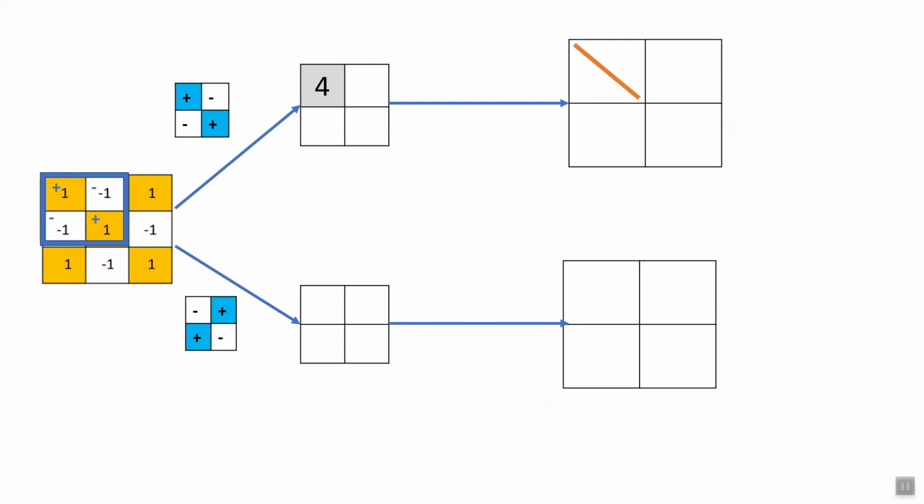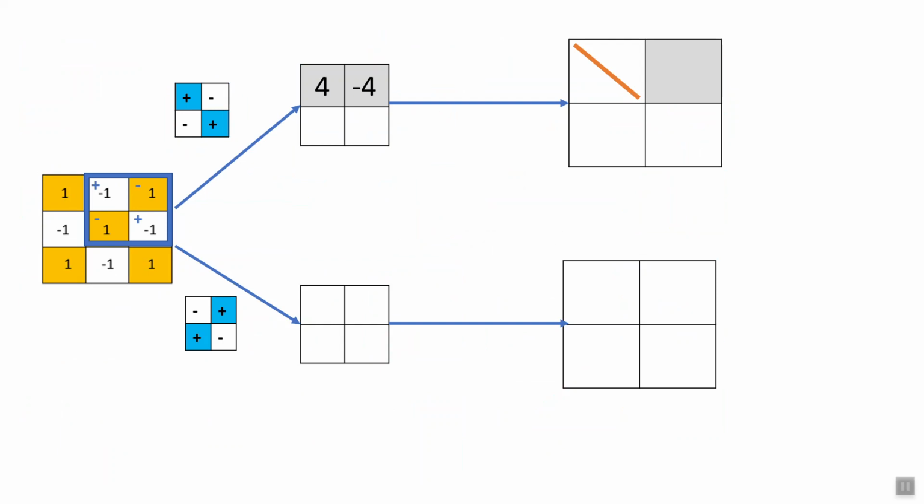Now we move to the second one, and we apply the same thing: plus of minus 1, minus 1, then minus 1, and plus of minus 1. It gives the value minus 4. This value of minus 4 is too small, so it didn't find anything.